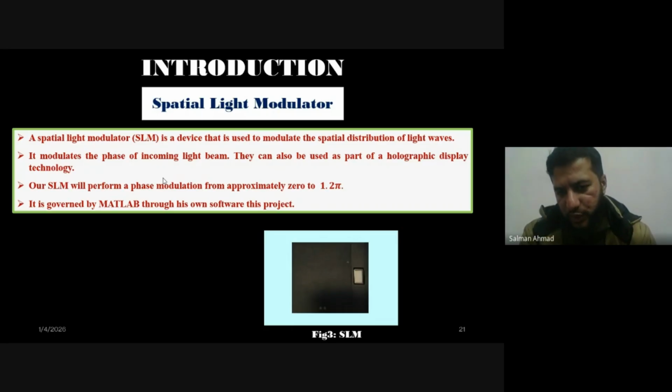It can change the phase if we multiply its values. Up to 1.2 pi means 1.2 multiplied by 3.14, so up to that value we can modify its phase.